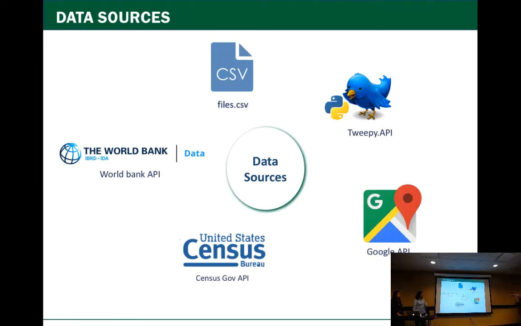So the data sources that we primarily used were CSV files and a lot of API calls: Trippy, Google, Census, and World Bank. Around the Google API, Ruchi will be elaborating more.